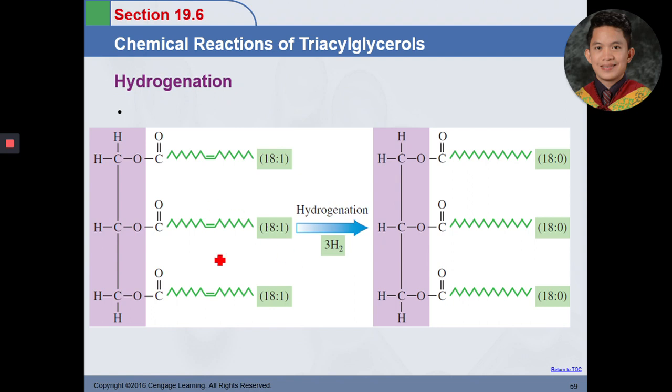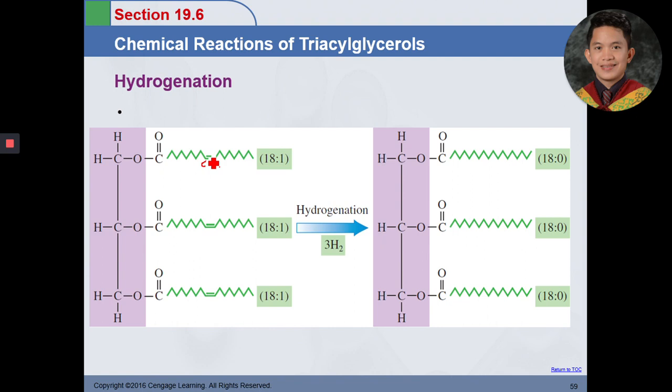By addition of hydrogen atoms, the double bonds are lost, resulting in the hydrogenated product. In this example, you can see that the double bonds in all three fatty acids are lost. That is again because of the addition of hydrogen atoms through hydrogenation.